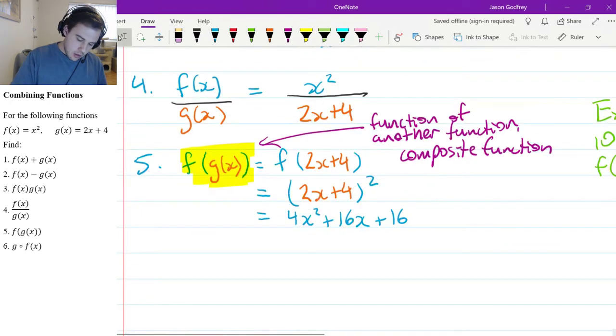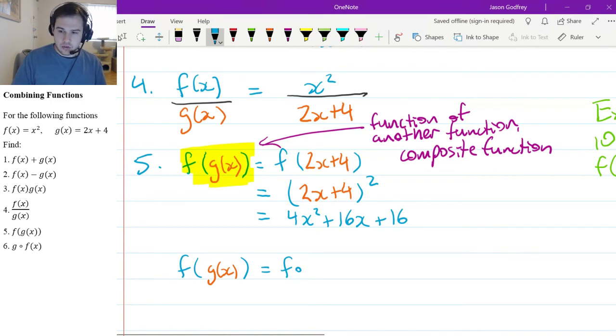Now, another way we could have written f of g of x is, there's another symbol for this, which is f, and this little degree symbol or circle that's written in the middle means a composite function as well.